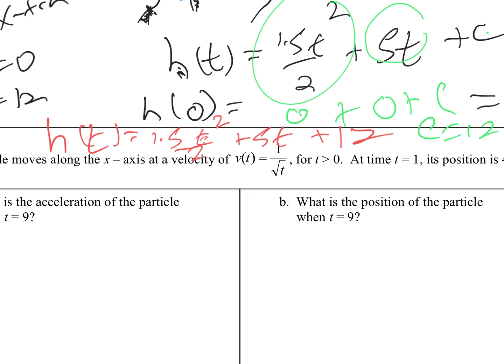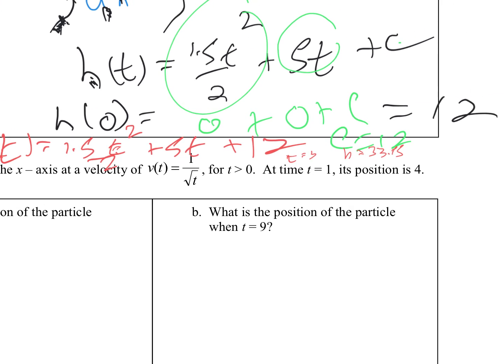Oh, actually, we were under. Unit? Centimeters. This is just h, the height. So when t was 3, we have a height of 33.75 centimeters.